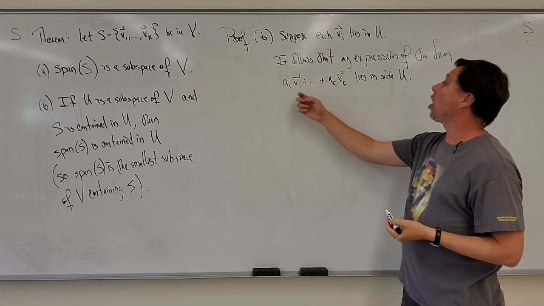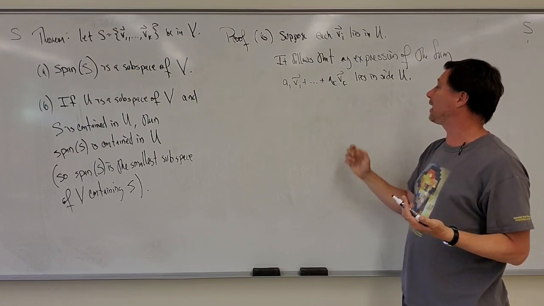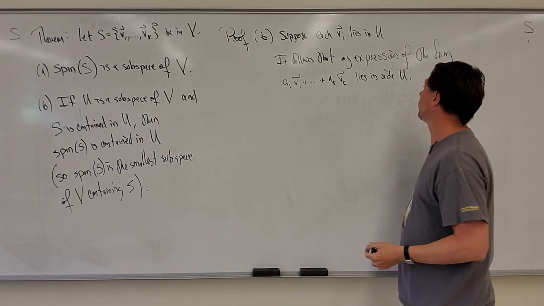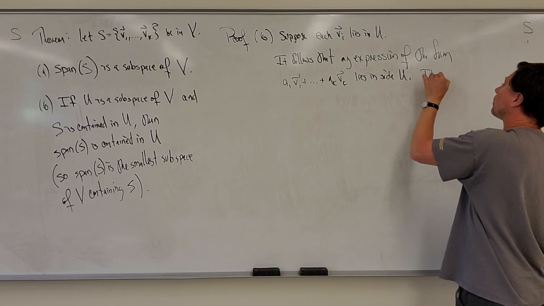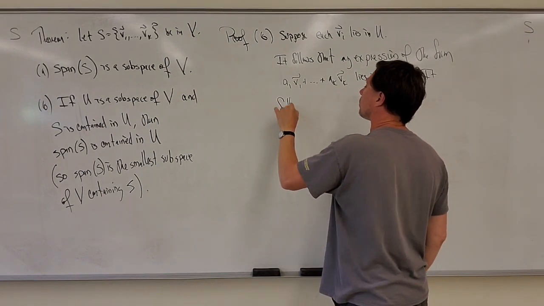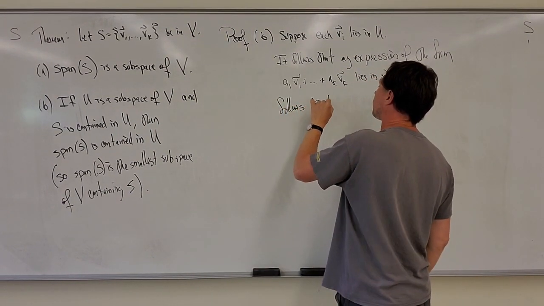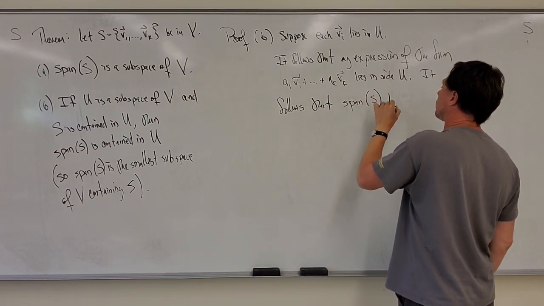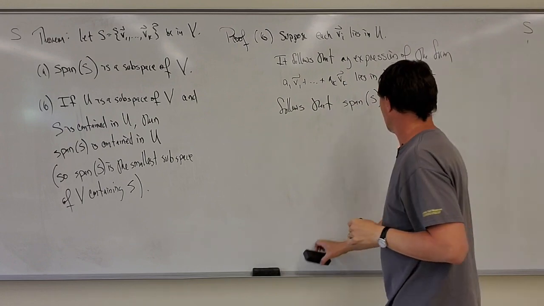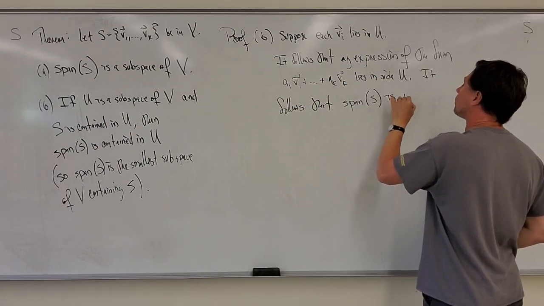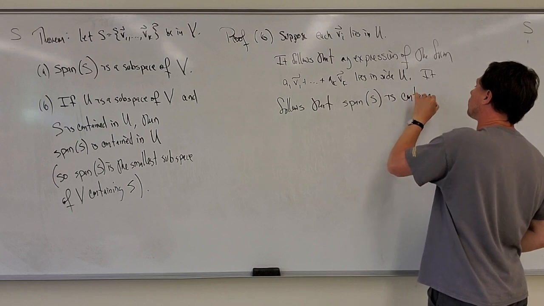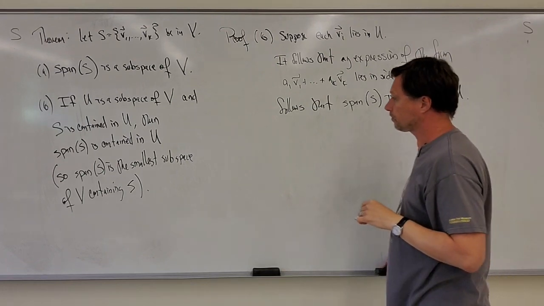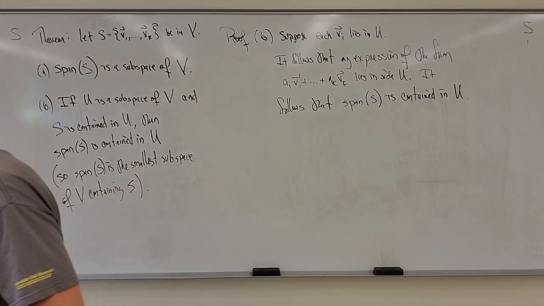So all possible expressions of this form lie inside U. Well, what is span of S? It is the set of all possible expressions of this form. So it follows that span of S is contained in U. Okay, so that completes the proof.